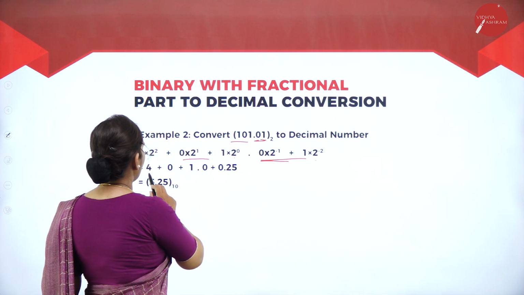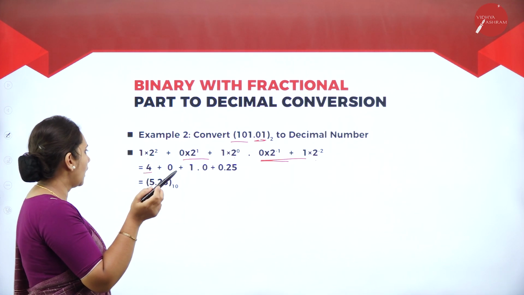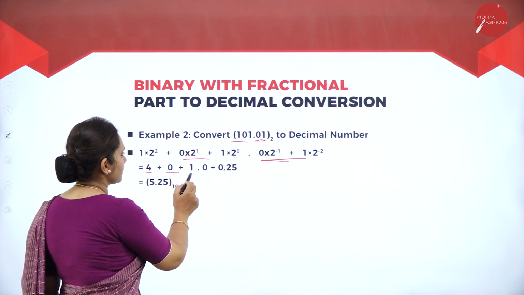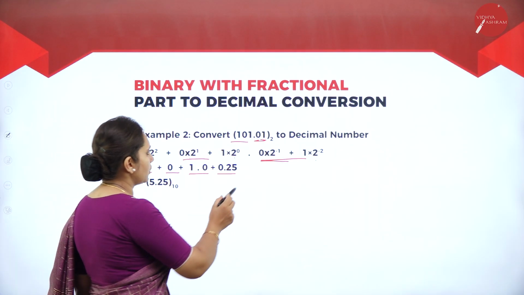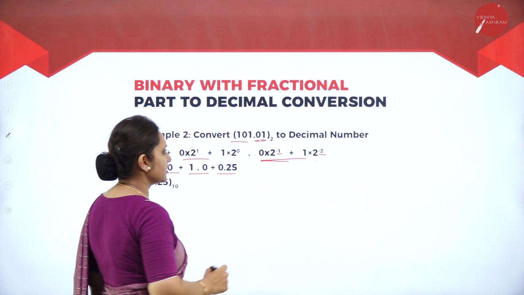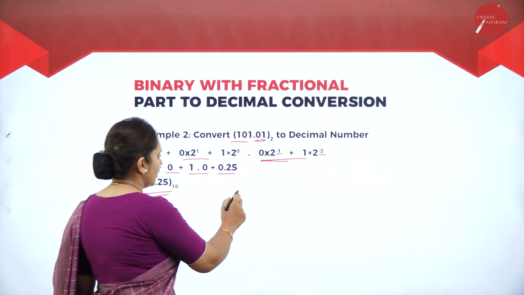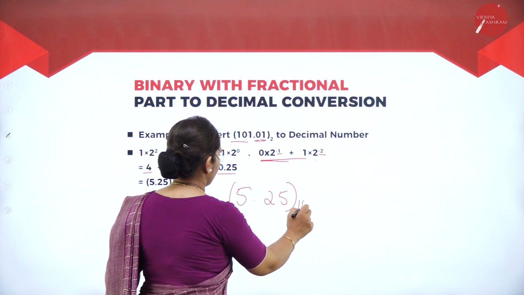So what happens? 2 2s are 4, 4 in 4 1s are again 4 plus 0, anything multiplied. After this 1.0 and 0.25. 1.0 I got from the power of 1, the power of -1 and the power of -2. So the answer is 5.25 to the base 10.